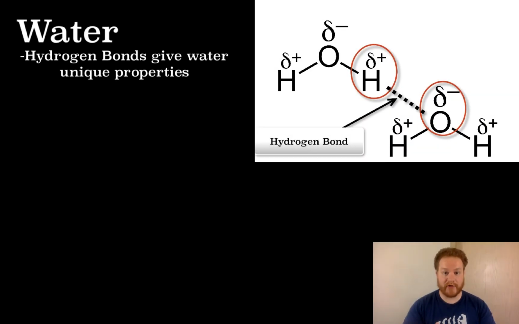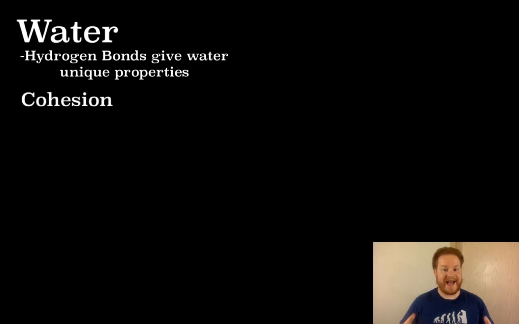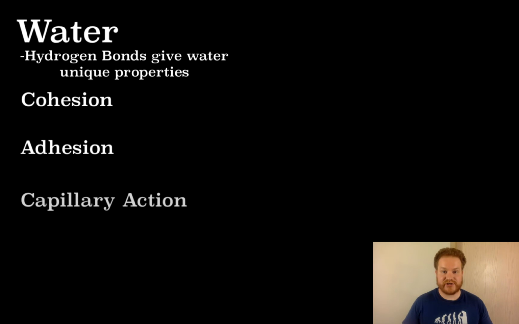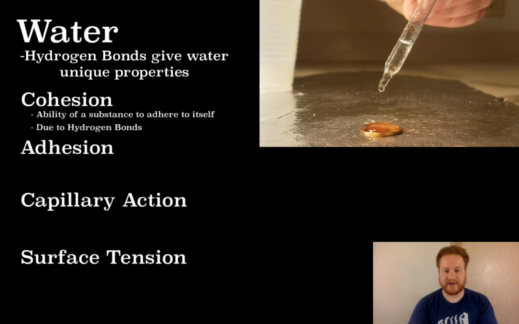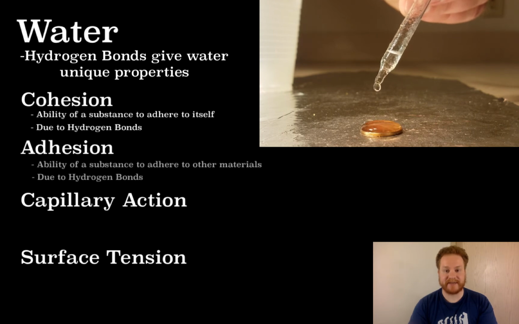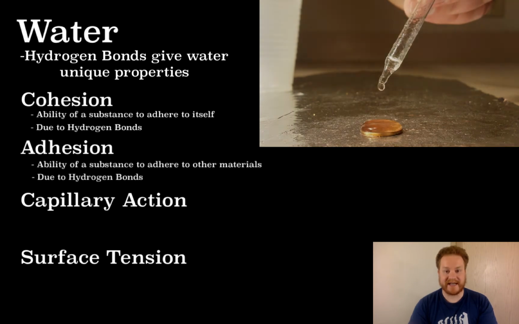We talked about water and how the hydrogen bonds between water molecules give water some very specific and important properties. We discussed cohesion, adhesion, capillary action, and surface tension. We learned that cohesion is a substance's ability to adhere to itself, like water droplets running towards each other, and that adhesion is a substance's ability to stick to something else, like the water droplets staying on the penny.